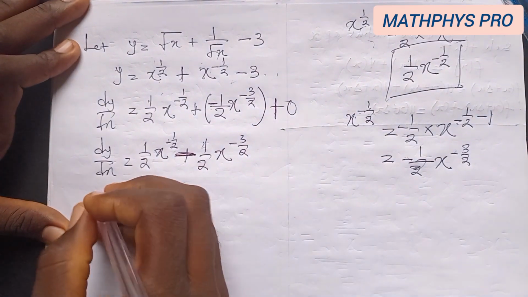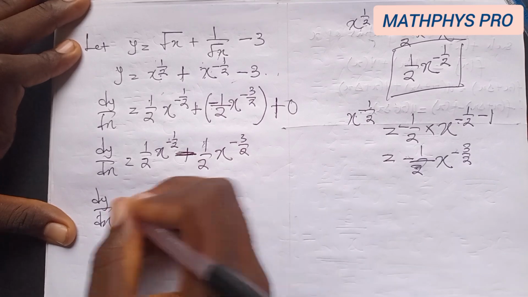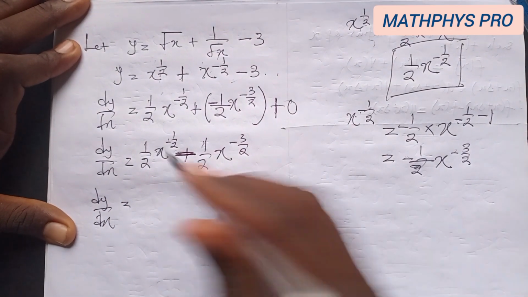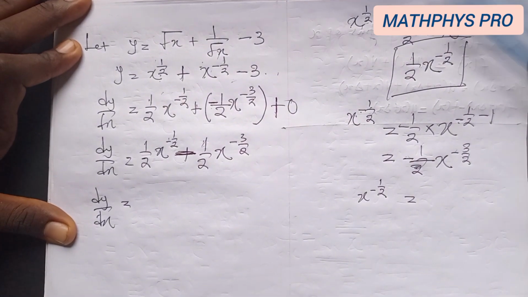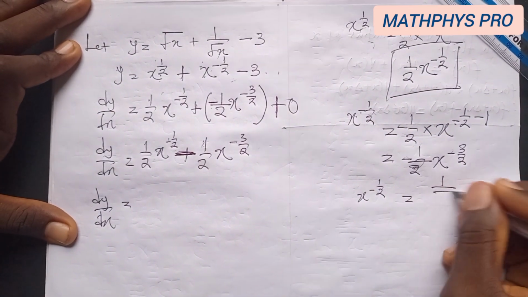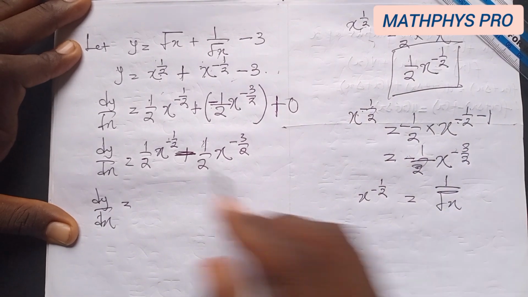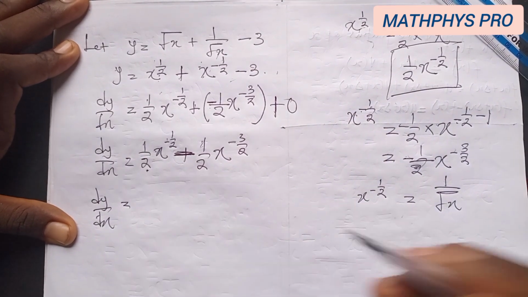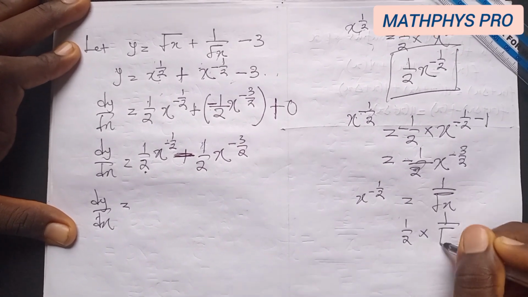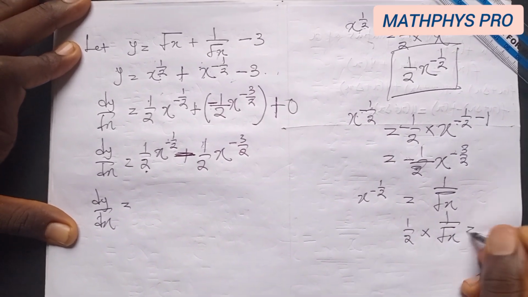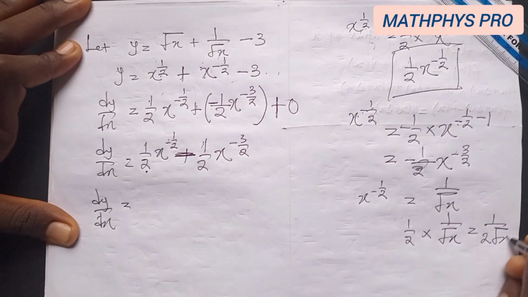Let's write it in such a way that x raised to minus 1 over 2 is still the same thing as 1 over root x. So I'm about to simplify this. So 1 over 2 times 1 over root x will give you 1 over 2 root x.